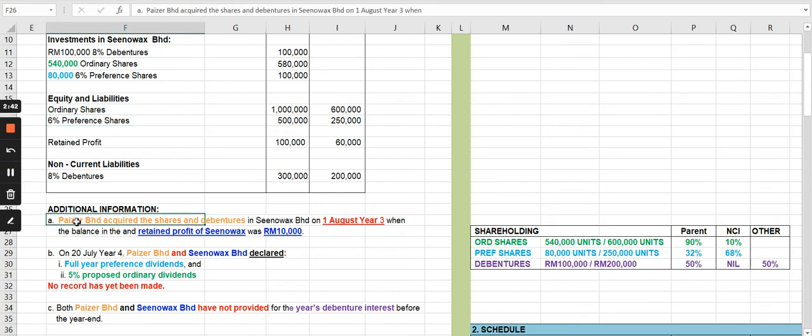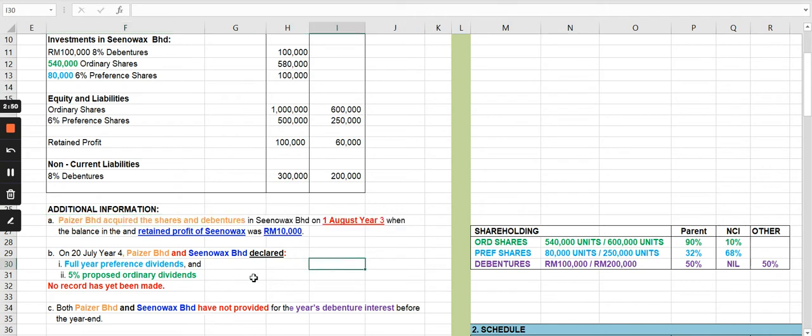At that time, the retained profit of Sinovac, the subsidiary company, was 10,000. The holding company, or the parent company, here is Pfizer.